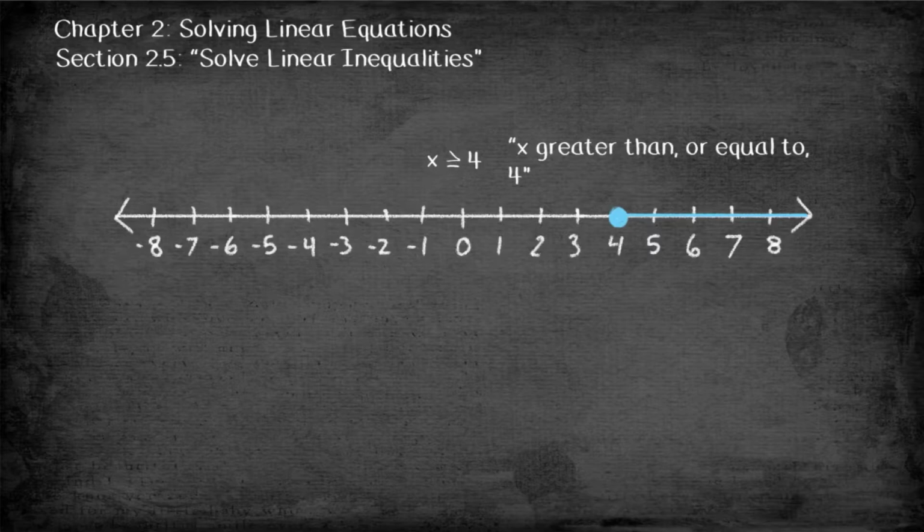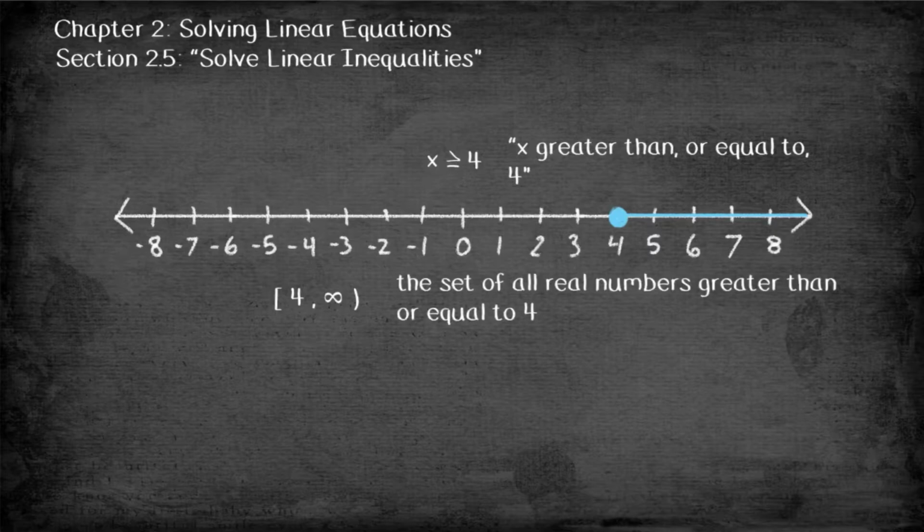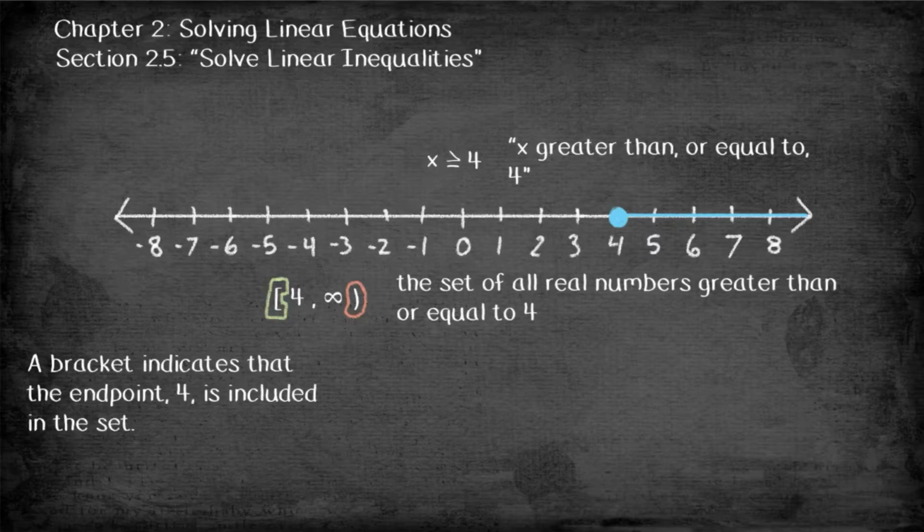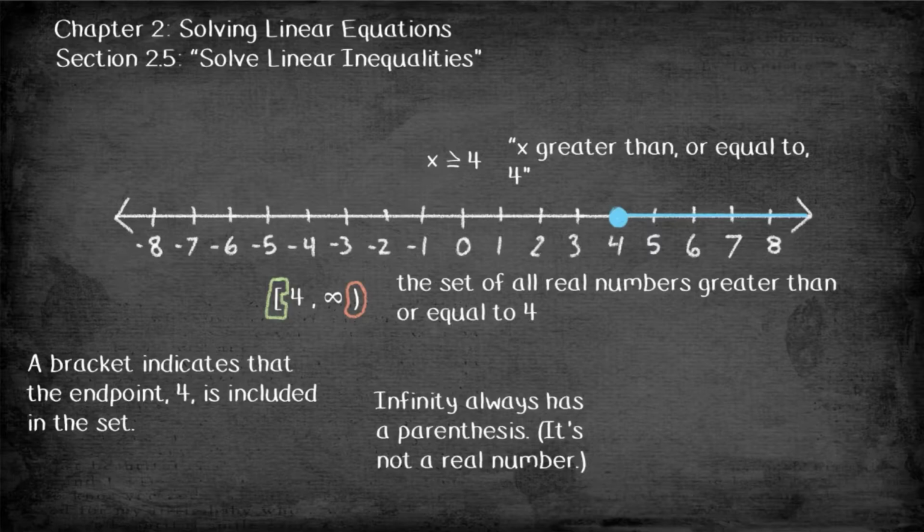The notation I can use to describe that is given here. And this literally translates to the set of all real numbers greater than or equal to 4. So again, we want to draw our attention to the symbols at the end. A bracket indicates here that the endpoint, which is 4, is included in the set. The infinity symbol always has a parenthesis next to it because it's not considered a real number.